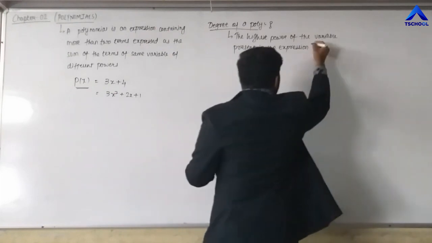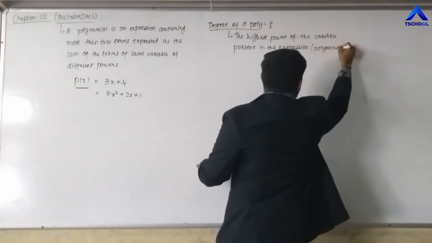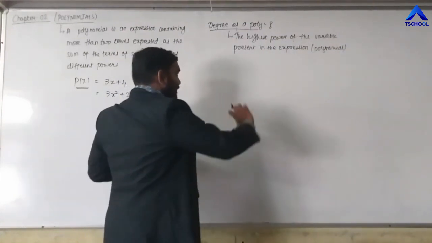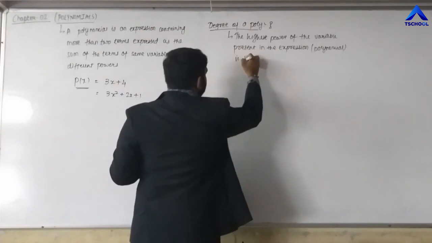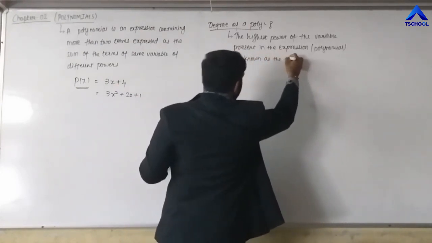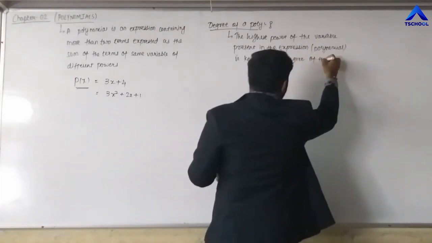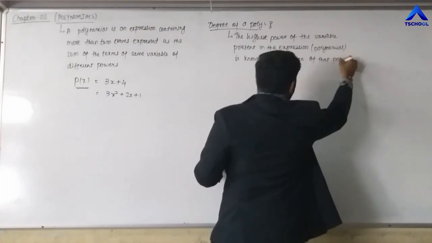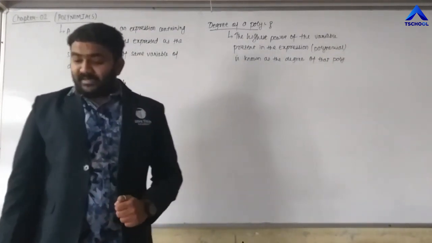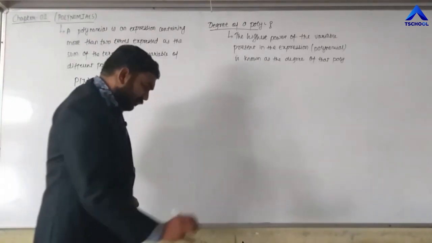The highest power of the variable present in the expression or polynomial is known as the degree of that polynomial.